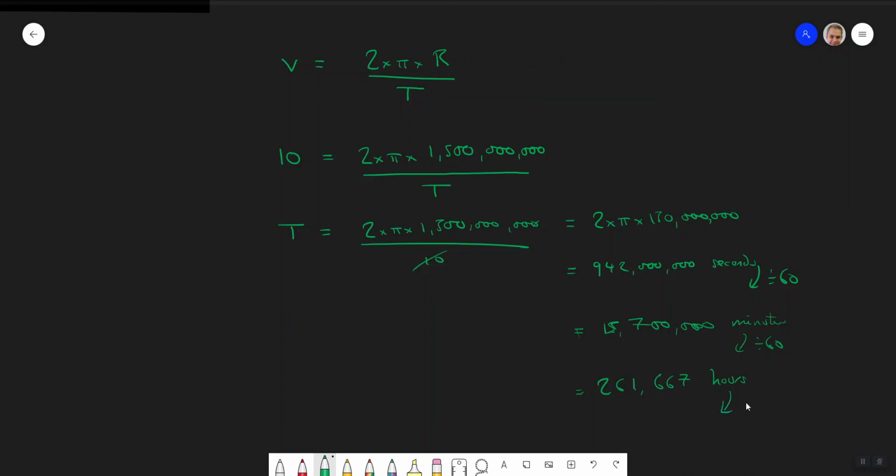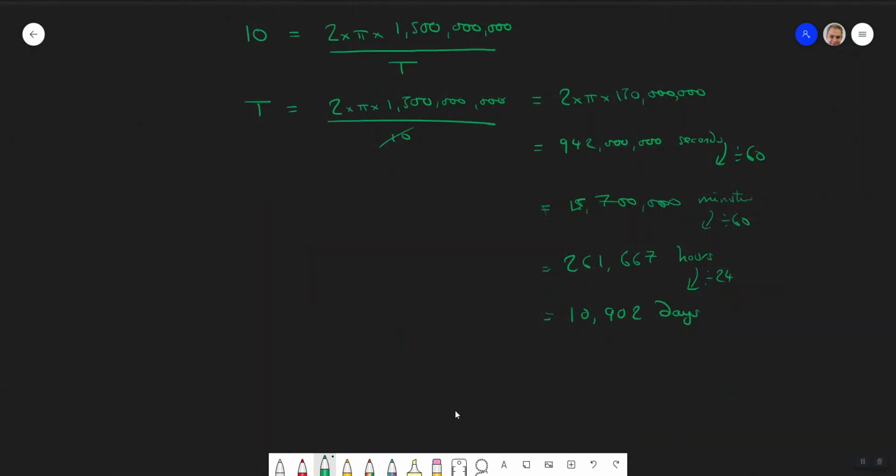I want to get that into days, so let's divide by 24. I have now got 10,902, so I'm just going to round that to about 10,902 days. Approximately how many years is that? Well, let's divide by 365. Again, I'm ignoring the quarter because I don't care that much.